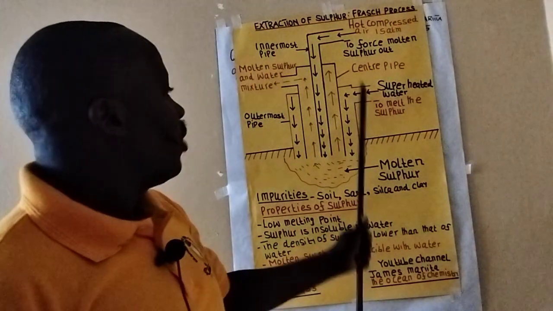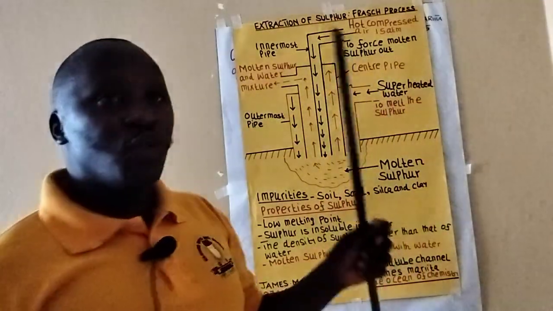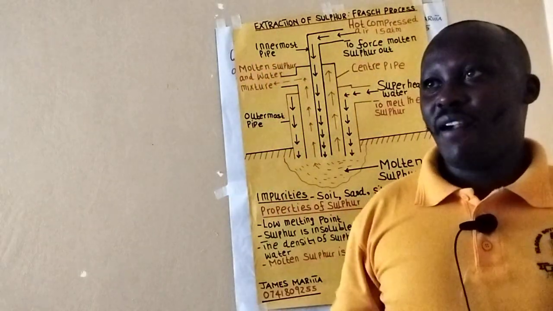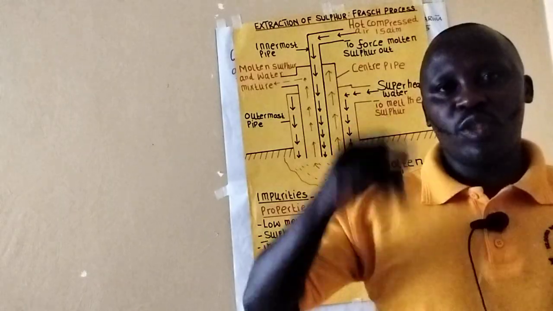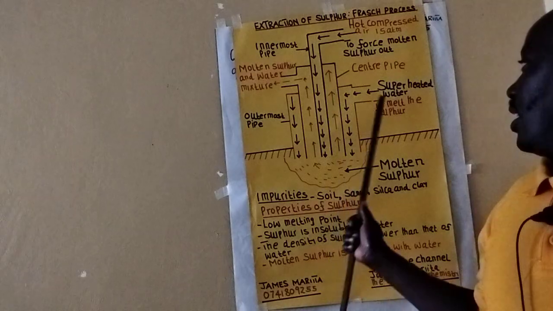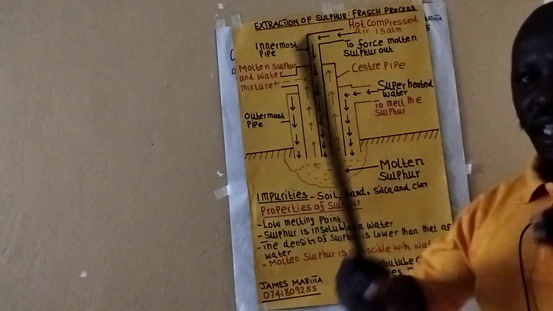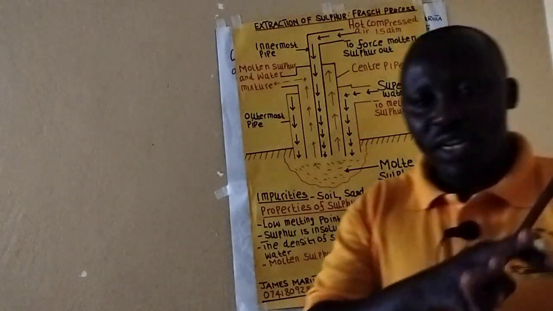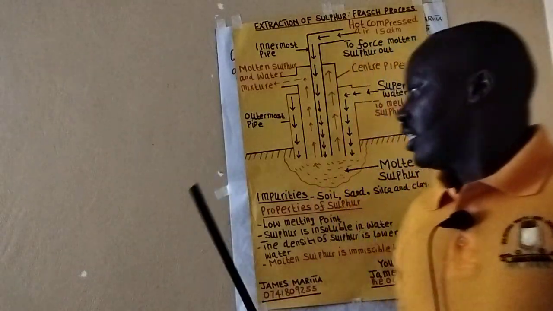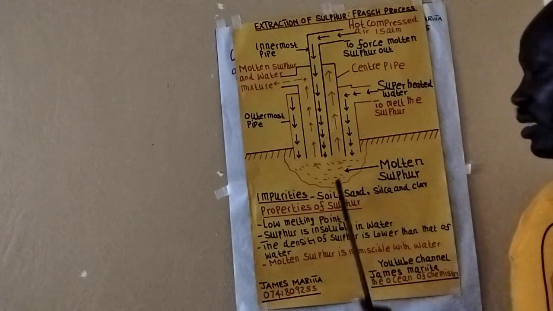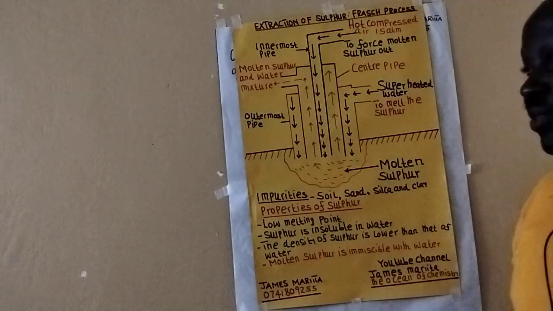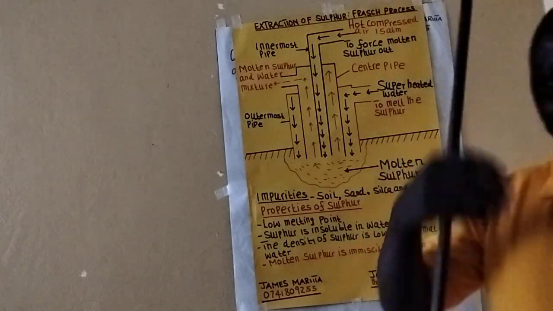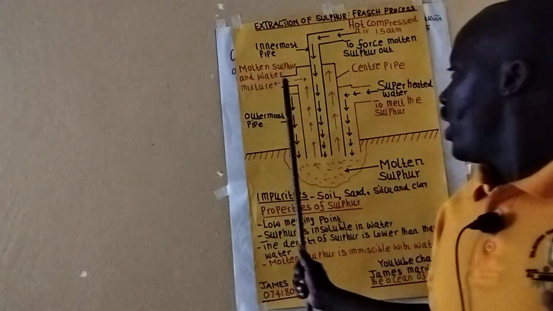In the outermost pipe, we have superheated water heated at a temperature above the boiling point, that is 170 degrees. This water heated at 170 degrees is passed in through the outermost pipe, and its function is to ensure that sulfur remains molten, and also to melt the sulfur underground.